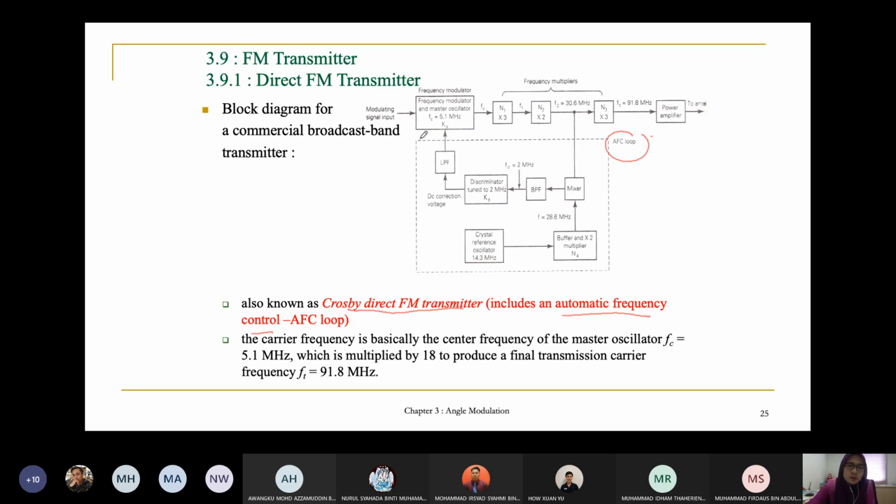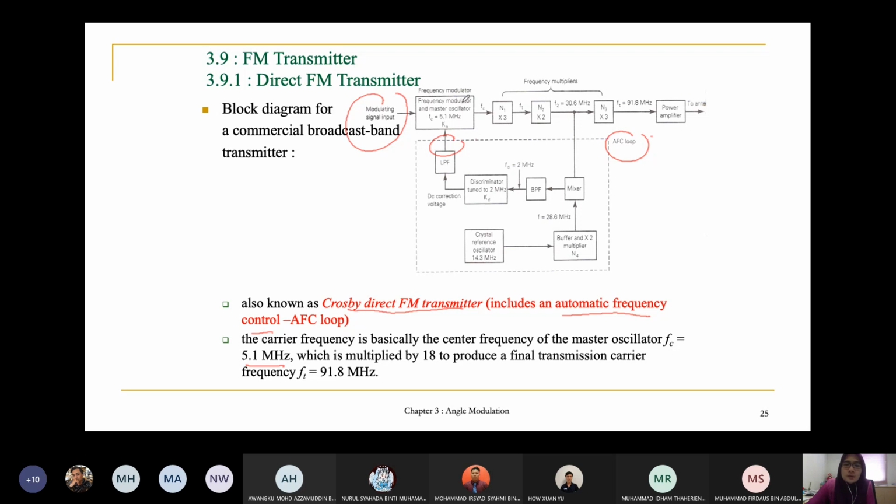If you look here, this is your modulator. This is your first input, which is the modulating signal input. And the input here is the input that we generate, the FC. The FC here is 5.1 megahertz, which is multiplied by 18 to produce a final transmission carrier FT of 91.8 megahertz.